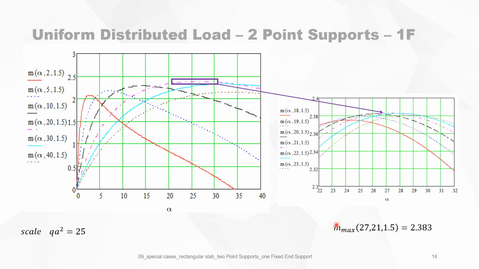And from this curve, you can now easily indicate the maximum, and the maximum is found at alpha 27 degrees and beta 21 degrees. So it is the magenta colored curve that gives you the maximum, for a slab with mu parameter 1.5.